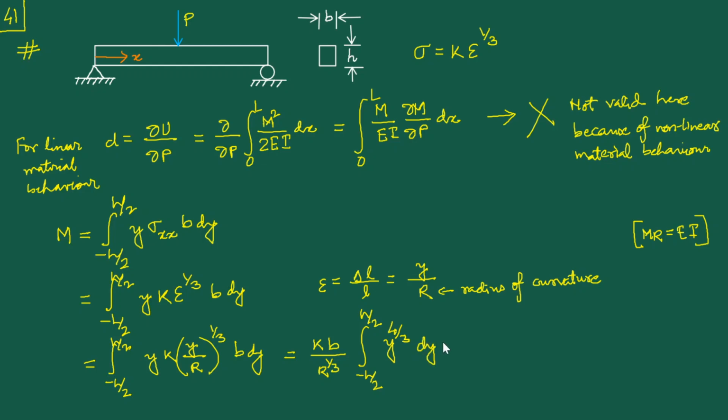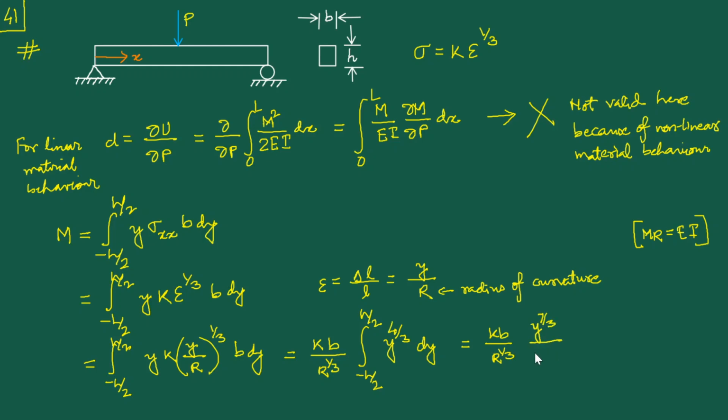And this is where you will note that things start to become a little bit weird, but also certainly very interesting, and you get to see the direct implication of the nonlinear behavior. So proceeding with the algebra, what we'll obtain is y to the power 7/3 divided by 7/3.